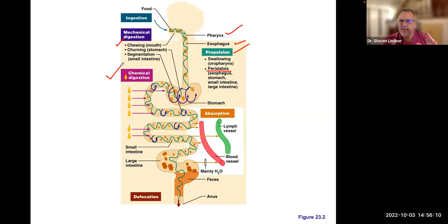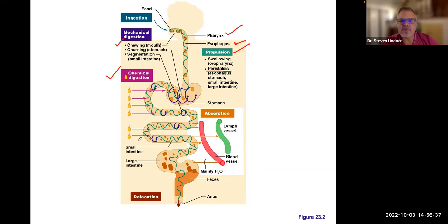Now, there is some mechanical digestion, because when we go over the stomach, we'll see that the stomach does have a few layers of muscles, which can make the stomach contract and churn and mix some of the gastric juices here in the stomach a little bit. But for the most part, it's chemical digestion that takes place.